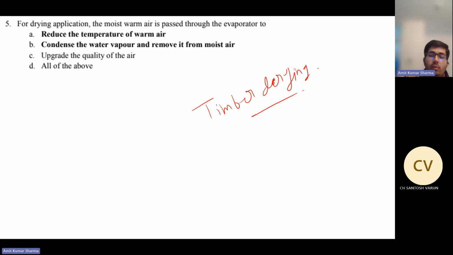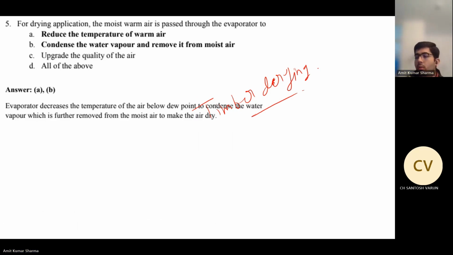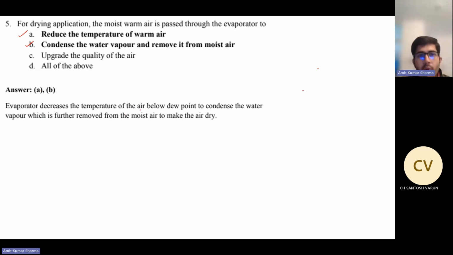Okay. So the correct answers are A and B. The evaporator decreases the temperature of the air below dew point to condense the water vapor, which is further removed from the moist air to make the air dry.